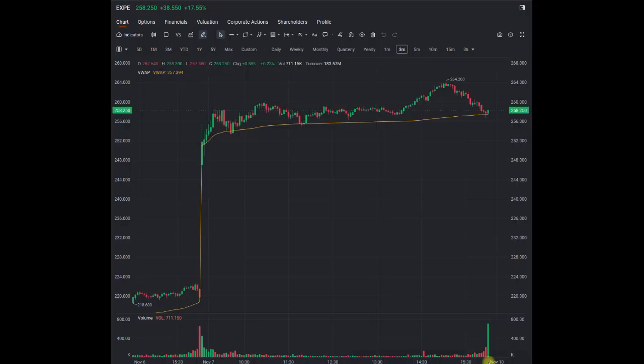Now, the bigger the volume, the bigger the gap up, the higher the volatility. Again, it's possible and doable if you are an experienced trader or familiar with this strategy. If you're not familiar, please take our mentorship. Do practice.